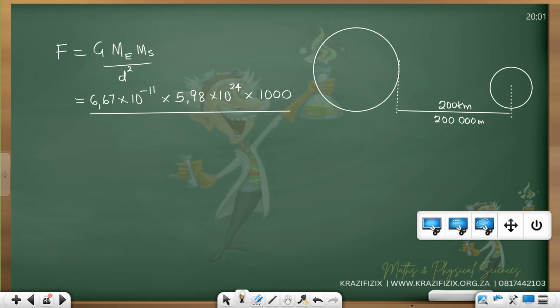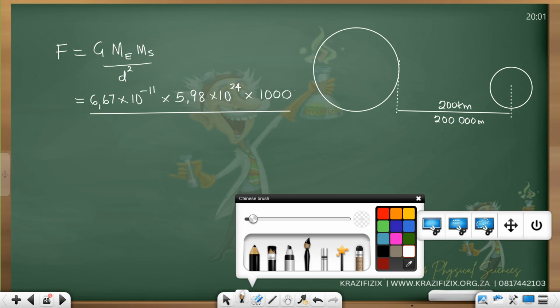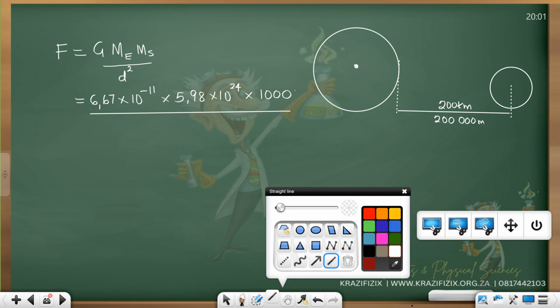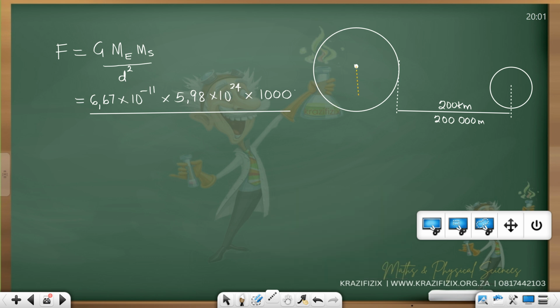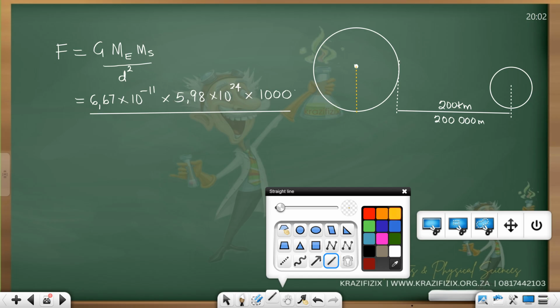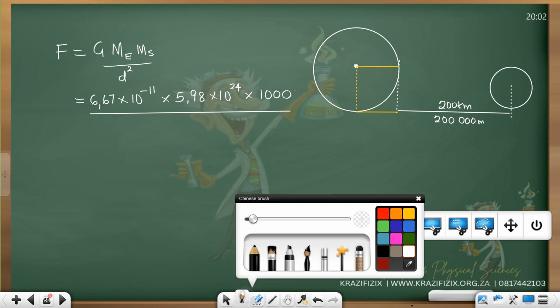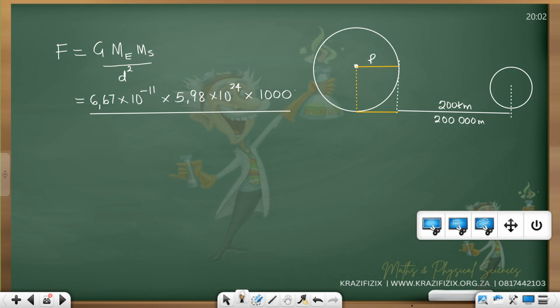Wait, if they are saying the centers, it means I need the center of the Earth. And that is going to be a little challenge. If I say the center of the Earth, are you agreeing mathematically that that would be the radius of the Earth? Please talk to me.